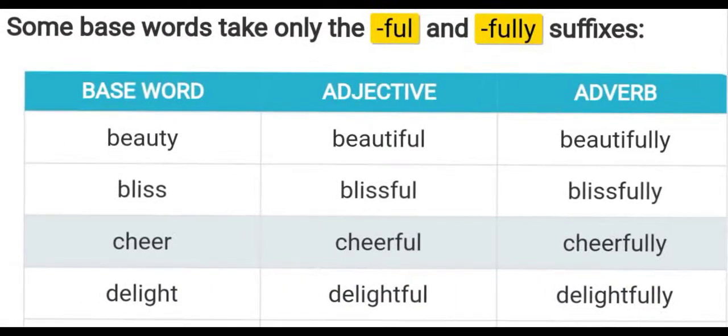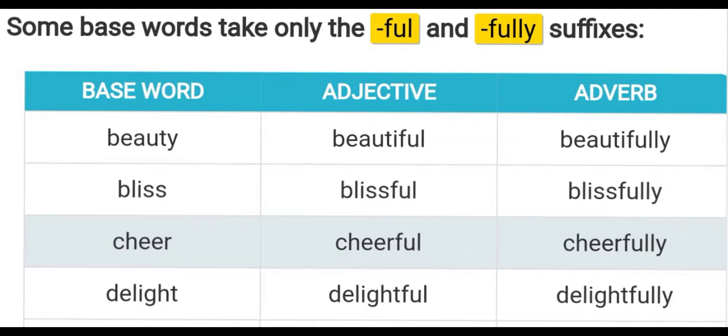Clear? And some base words take only the full and fully suffixes. There are certain words in English which take only full and fully, which make the parts of speech adjective and adverb.